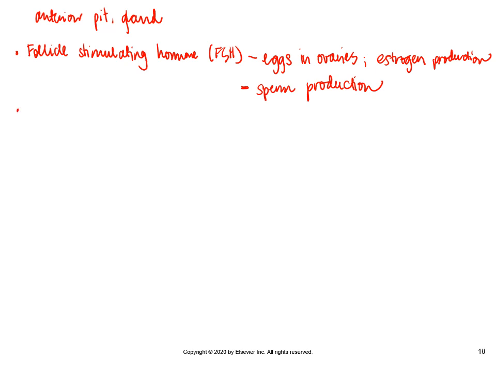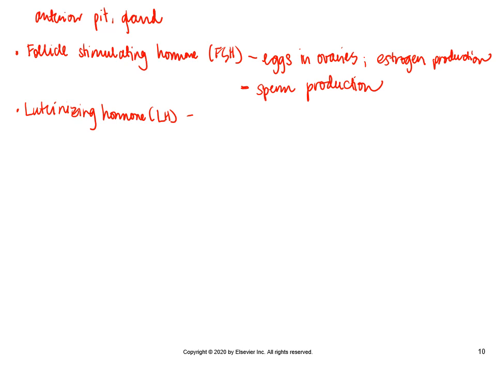You have what we call luteinizing hormone, or LH. It controls progesterone production and ovulation, or egg release.